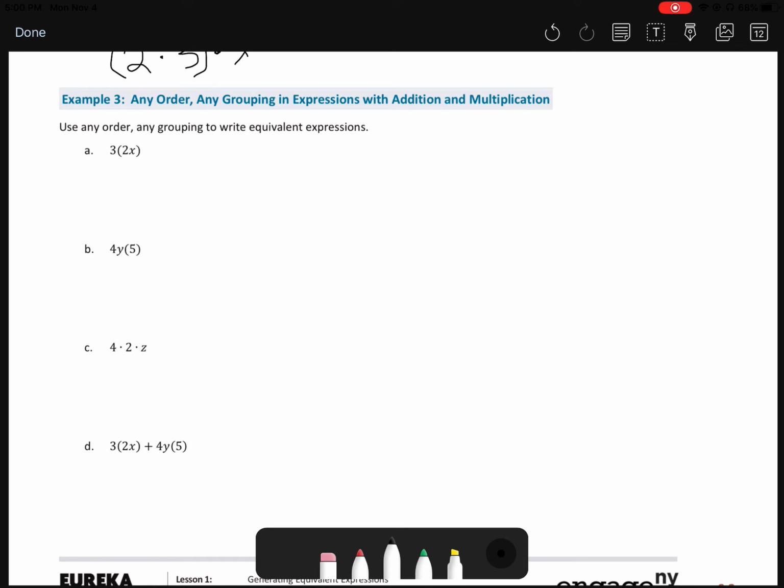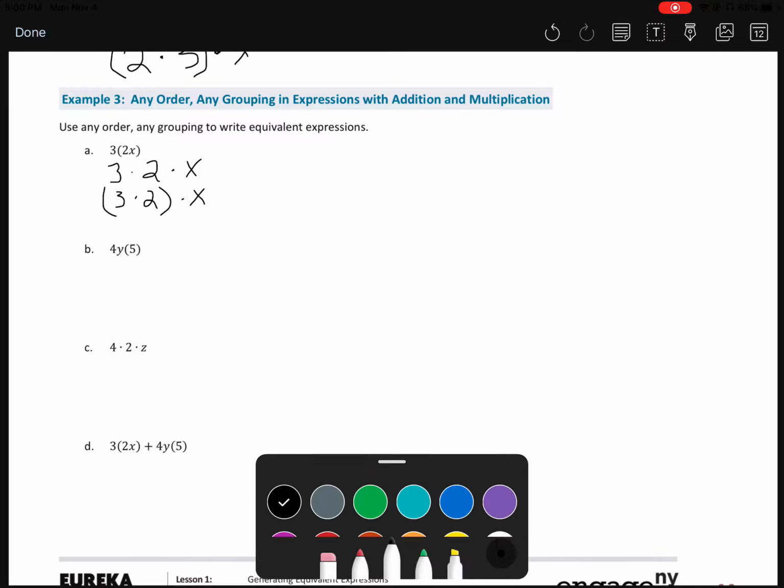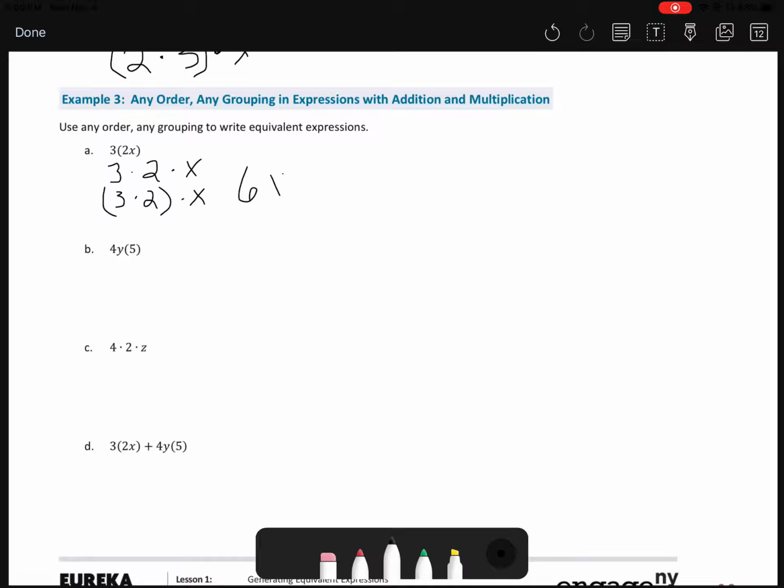If you show me the steps, I did 3 times 2 times x, and then I'm going to do 3 times 2 first times x. 3 times 2 equals 6x. So I want you to try to simplify these terms for B, C, D, E, and F.